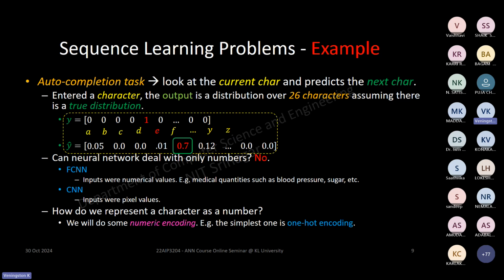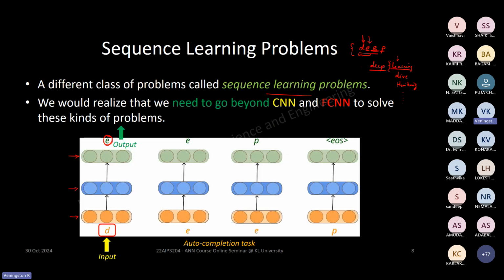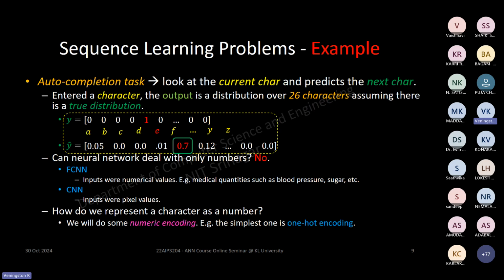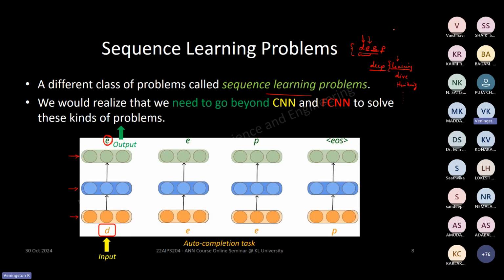Right. First of all, in order to build an application for the auto completion task, we are supposed to represent all the characters in terms of a numeric vector. Here we want to recommend a character at every time. At every time, we want to predict a character that could most possibly be typed by the user.